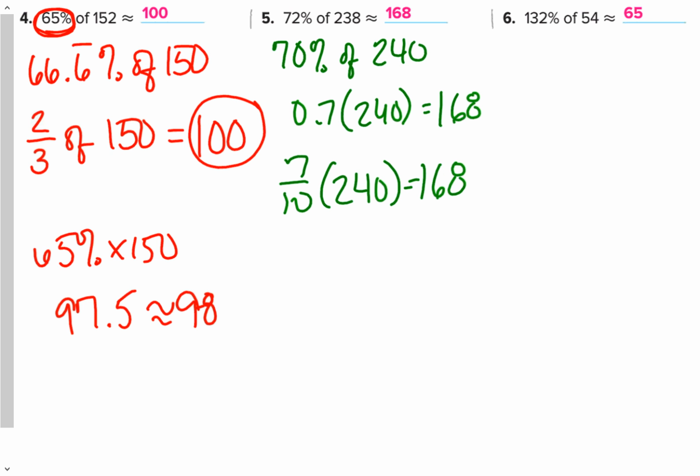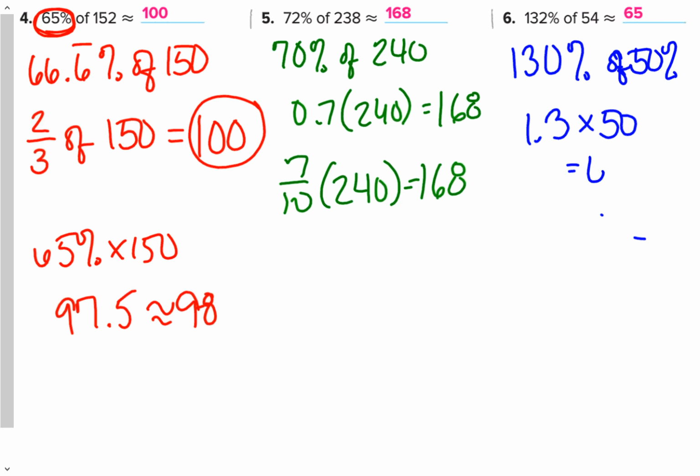Number 6, I would have rounded 132% to 130%, and I would have rounded 54 back to 50. Okay, so 1.3 times 50, and that equaled 65. All right, let's move on.